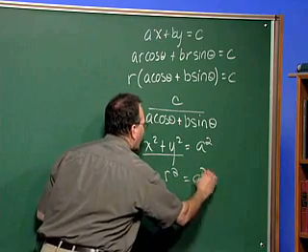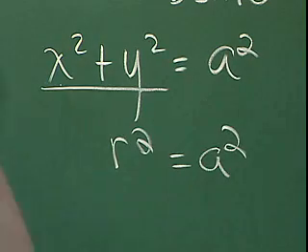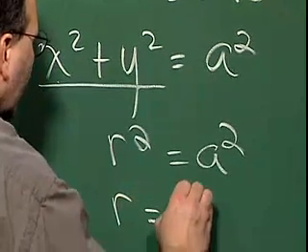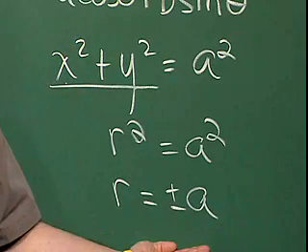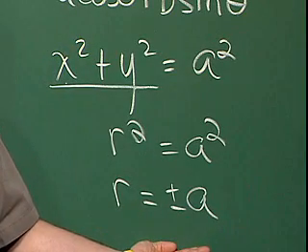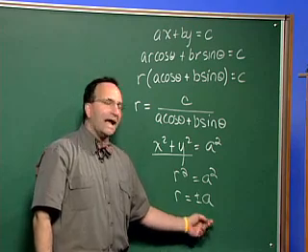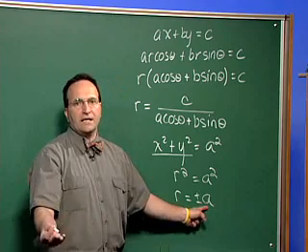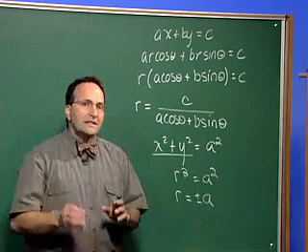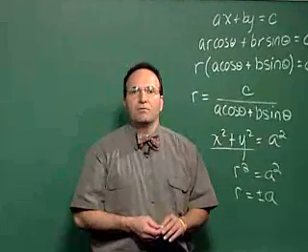So r squared equals a squared. And now when we take the square root of both sides, we'll get r equals plus or minus a. So that's the equation for a circle in polar form. And yes, if you're thinking ahead, you should realize that a is simply the radius. Let's look at an example where we apply these two formulas.